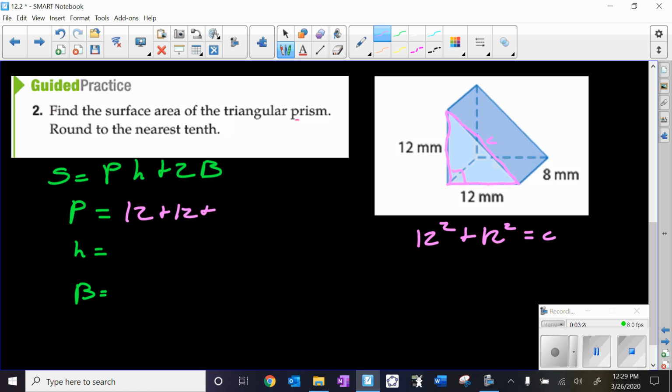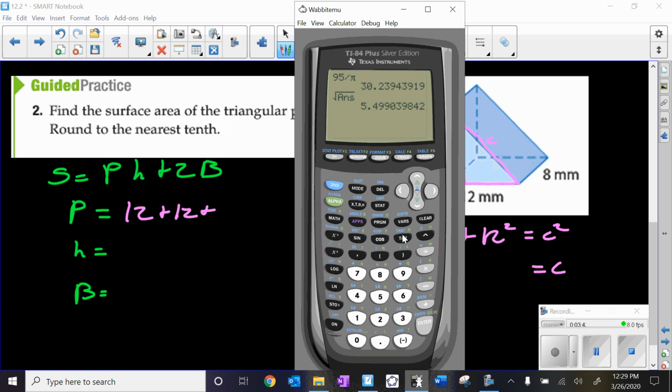That's okay too. I need to do it this time because I don't have it. 12 squared, actually I'll pull it up. Do it right here.